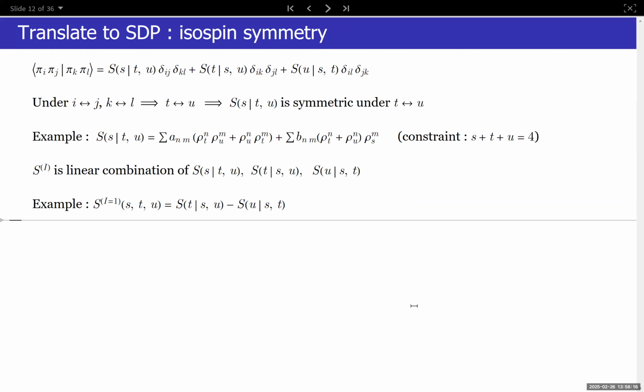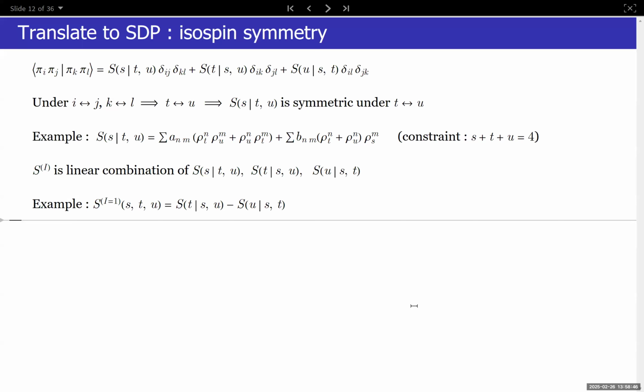Okay, so once we have this rho, let's go back to the actual problem. Now the S matrix we can write as some function times the tensor structure. We only have three tensor structures: delta ij delta kl, delta ik delta jl, and delta il delta jk.